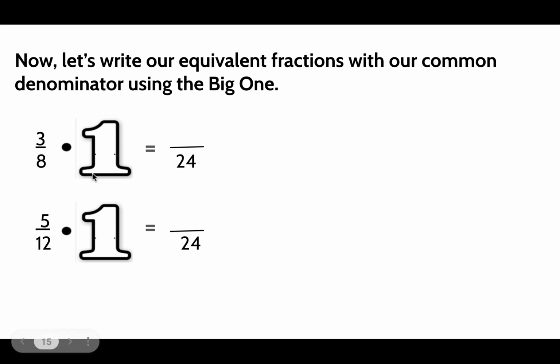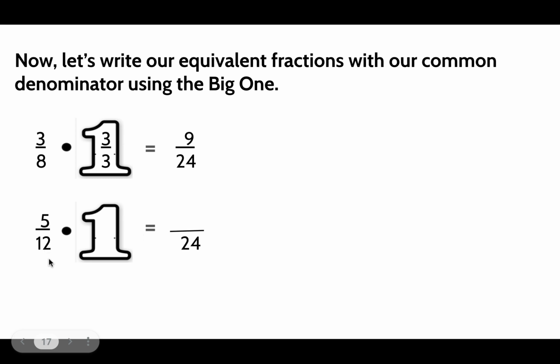And I know that it's 3. So I multiply 3 over 3. 3 divided by 3 is 1. Remember, I'm not changing the value of 3/8. It's going to be the same because I'm multiplying it by 1, and anything multiplied by 1 is itself. So 3 multiplied by 3 is 9. So 3/8 is equivalent to 9/24. But now they have the denominator of 24.